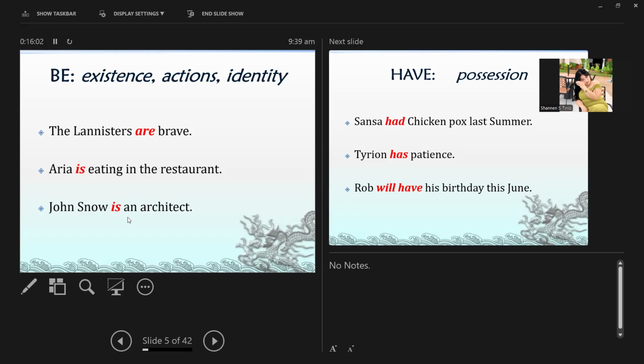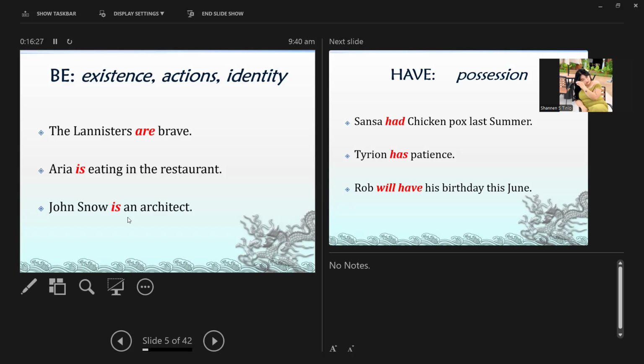So on the first example, we have the Lannisters are brave. As you can see, mama na ba yung Lannisters? It's in capital L, meaning it's the surname of a family. Okay? The Lannisters are brave. Hindi siya animal or a thing.